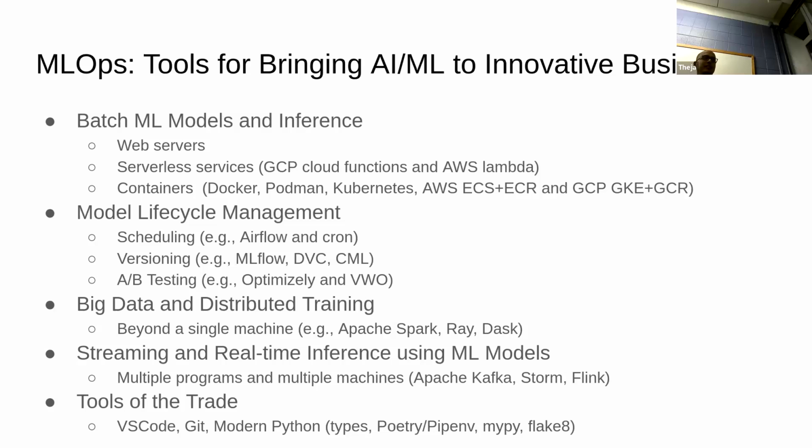Obviously, the second and third bullet points offload the effort to somebody else, so you have to pay for their effort. So that's the first bucket: batch machine learning models and inference. We'll try beginner steps in all three directions in the next few lectures.